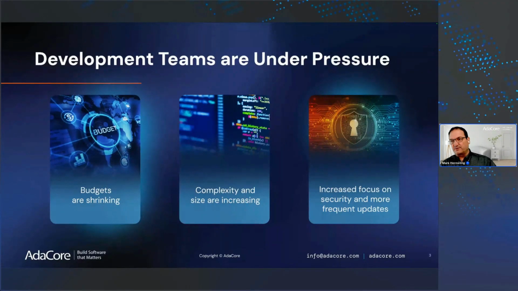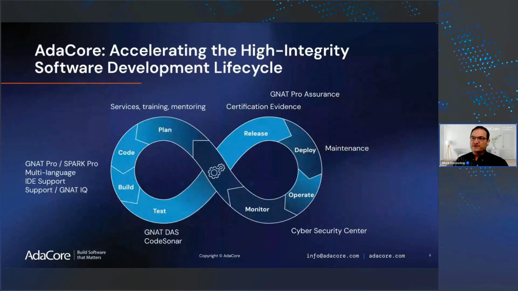So that's what we're here for at AdaCore. We're here to help you accelerate that software development lifecycle. We have a lot of different services and products that we have to do that for you. And you can see them here all over the software development infinity diagram, as I call it. And we'll touch upon a lot of these different products today. We'll talk about GNAT Pro, our compiler offering, and Spark Pro.